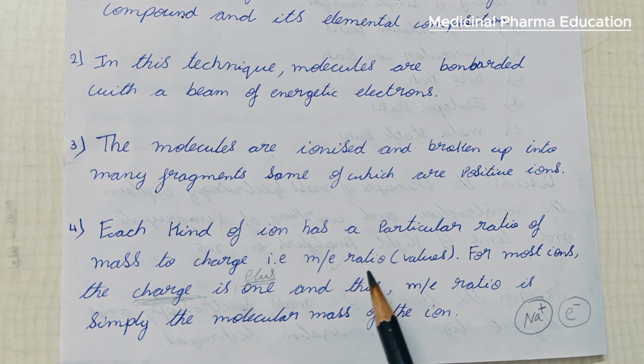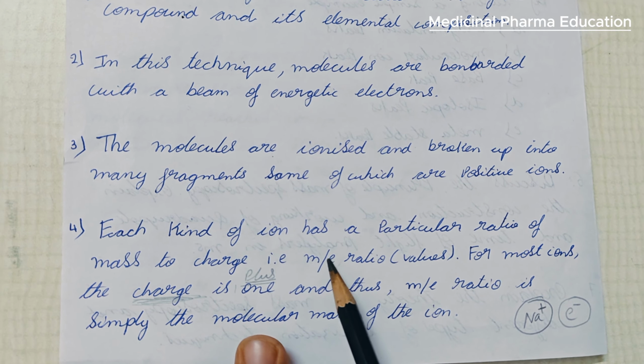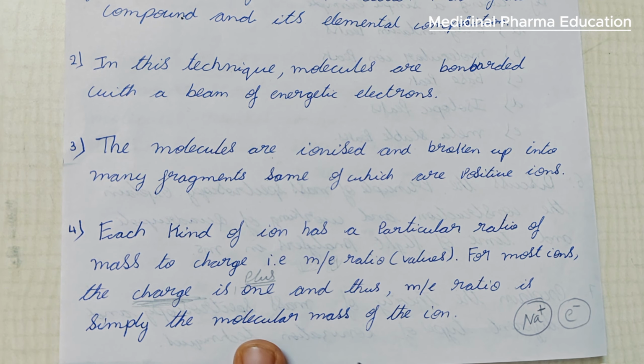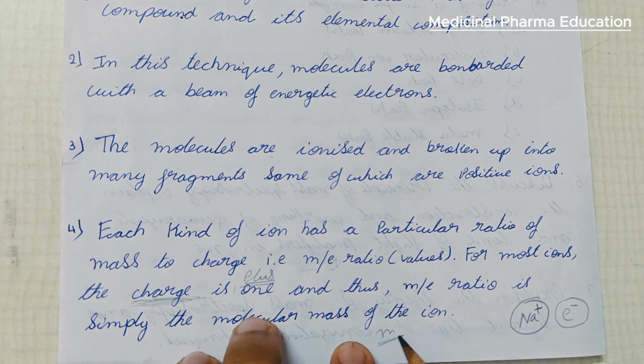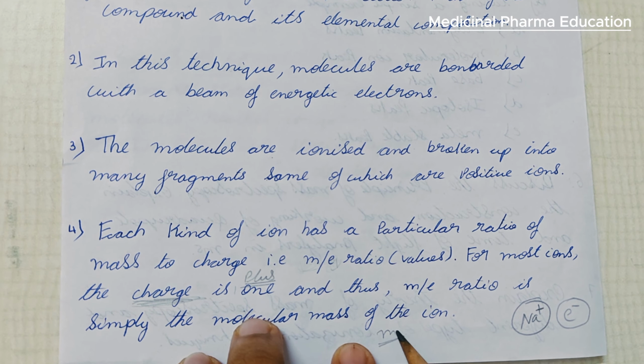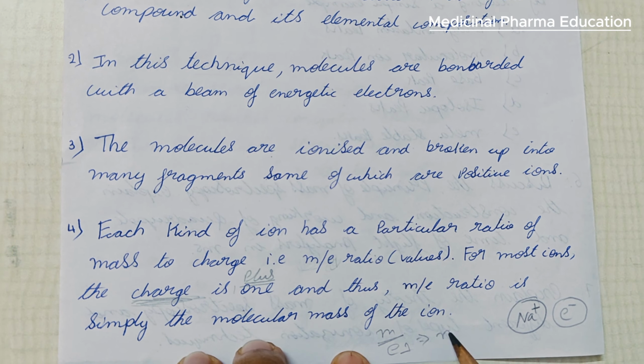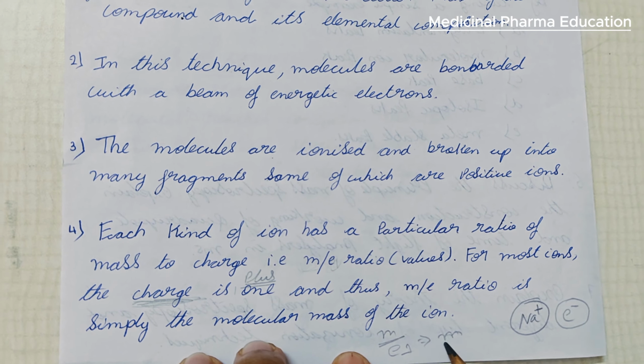Okay, here if you see m by e, right, if e is 1, then it is directly proportional to m. The numerator m is the mass of the sample, and the denominator is the charge. If charge is 1, then it is directly proportional, and you can just write m.